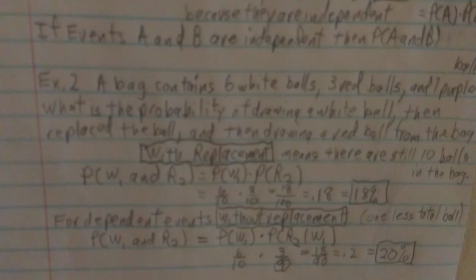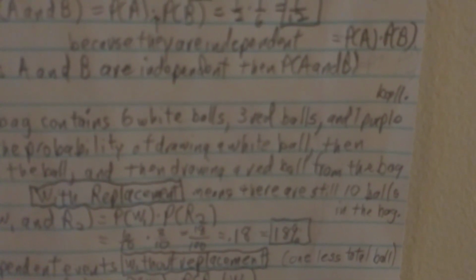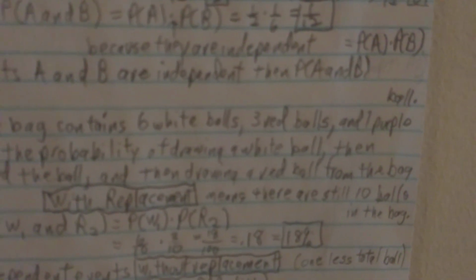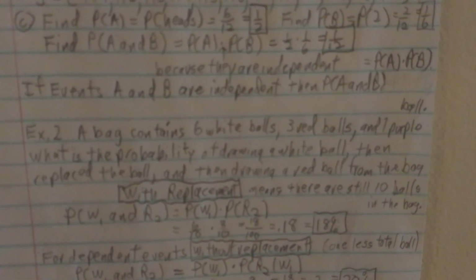Find the probability of drawing a white ball, then replacing the ball, and then drawing a red ball from the bag. So you pick one out, put it back in, and then draw another one. This is called with replacement, meaning there are always 10 balls in the bag. They never get any less.